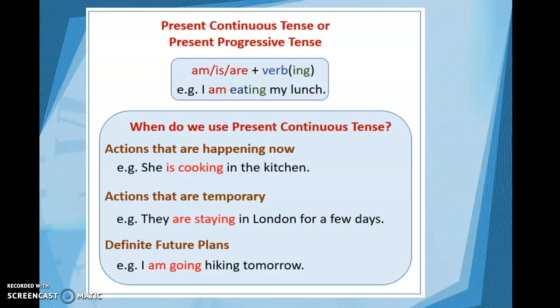The helping verb am always goes with I, and it doesn't go with any other person, either first, second, or third. And the next one is, the helping verb is always goes with third person singulars only. Look at it. She is cooking in the kitchen.